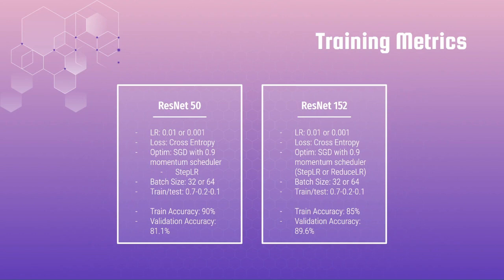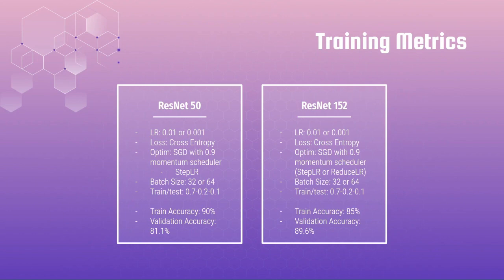We used the stochastic gradient descent optimizer with a momentum scheduler, which we used StepLR or ReduceLR with the momentum set to 0.9. We varied the batch size from 32 to 64, and generally we've stuck to a training, validation, and test split of 70%, 20%, 10%.